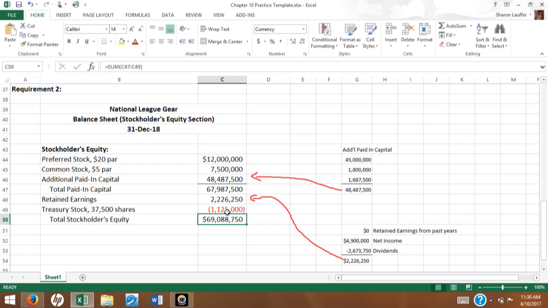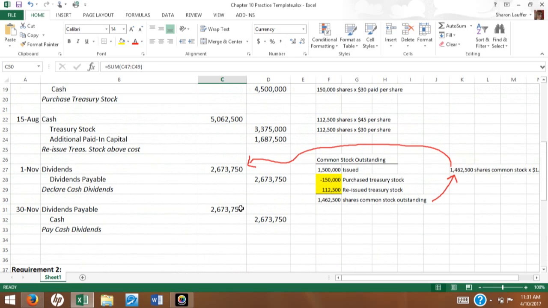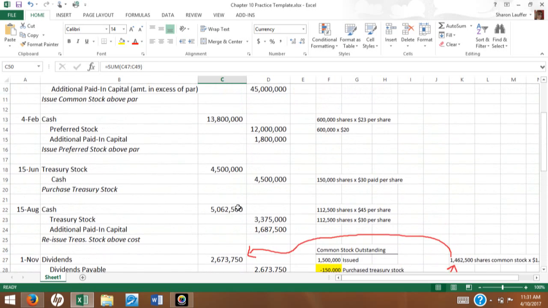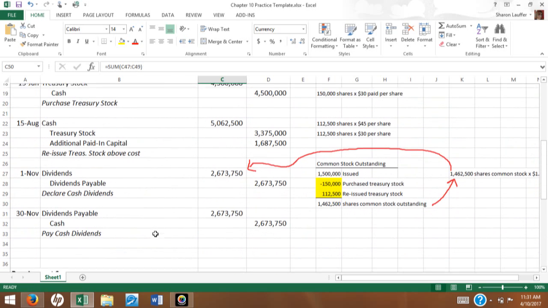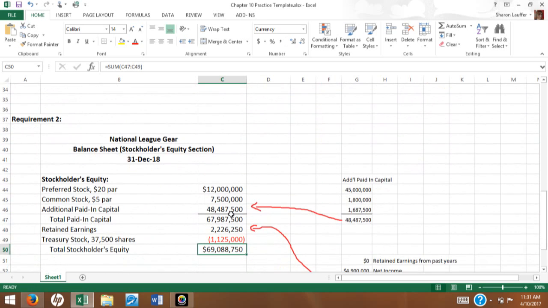So we're going to subtract that out because that's an amount that we still have in our equity section, in our equity accounts, in our transactions up here. So you'll notice all of the other equity accounts, common stock, preferred stock, both of those accounts carry a credit balance.